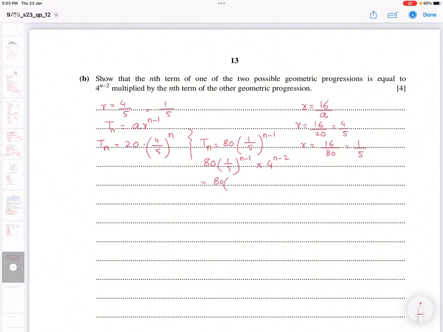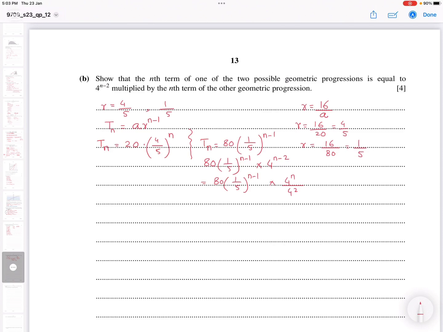And this will become 80 times 1 over 5 whole power n minus 1 times, I can change 4 power n minus 2 like 4 power n divided by 4 square. Actually this is the indices rule. If you have 4 power n divided by 4 power 2, the bases are same and they are dividing, so it will become 4 power n minus 2. So I split it backwards.